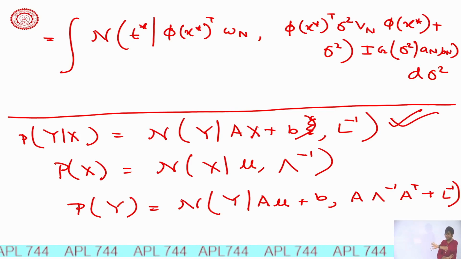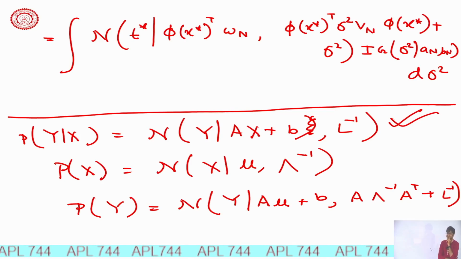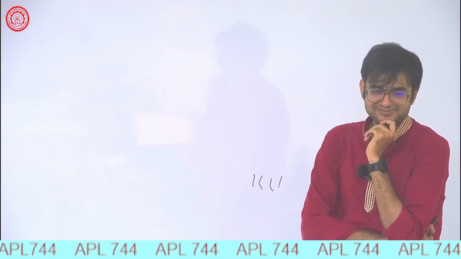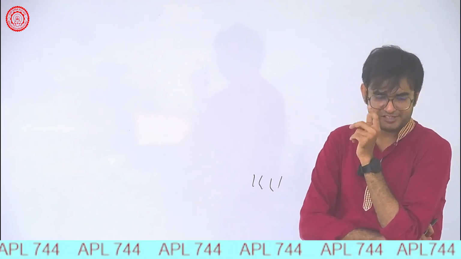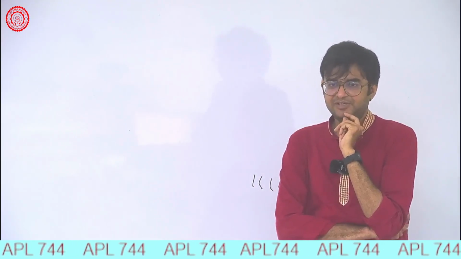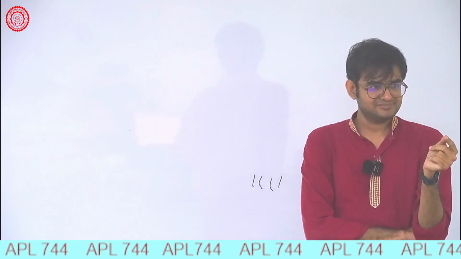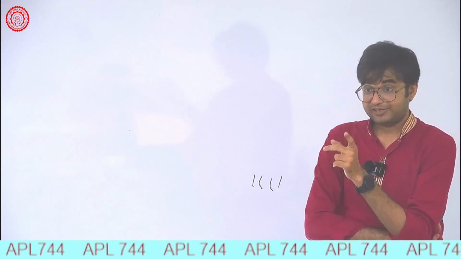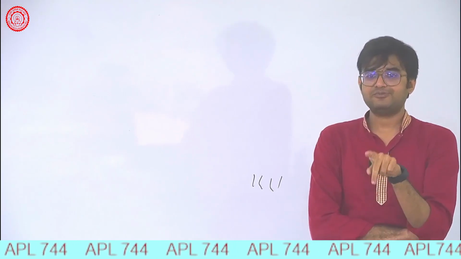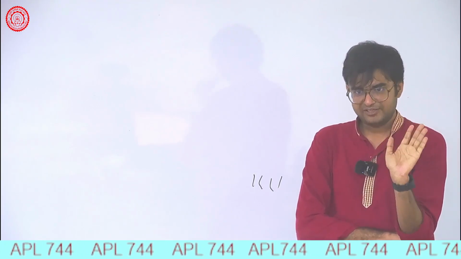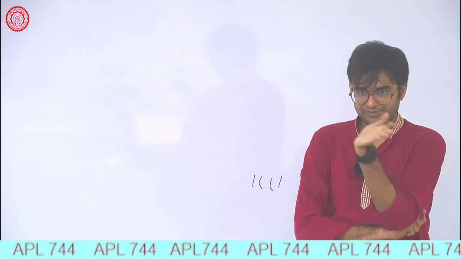So what will that integral be equal to? Look at the integral very carefully and tell me what do you have. You have a Gaussian multiplied by the inverse gamma, where inverse gamma is controlling the variance of the Gaussian, and then you are integrating over sigma square.